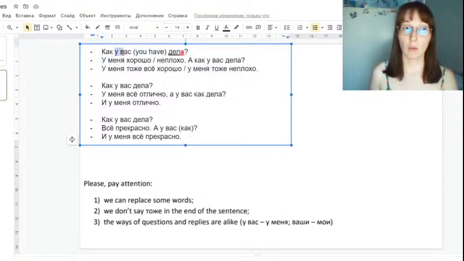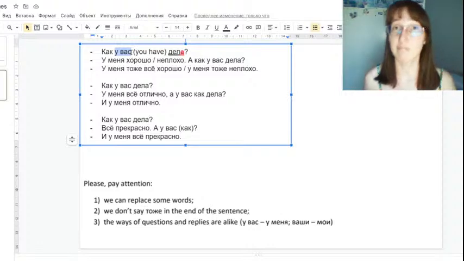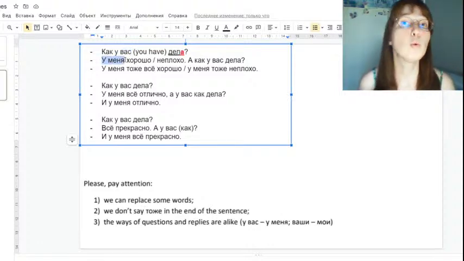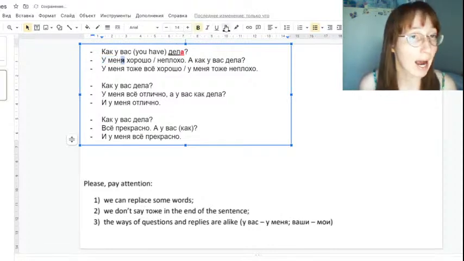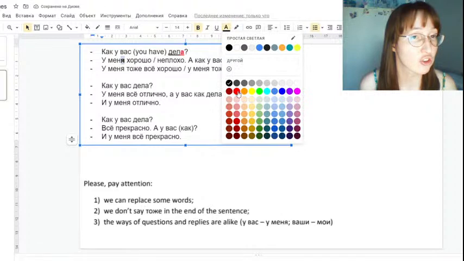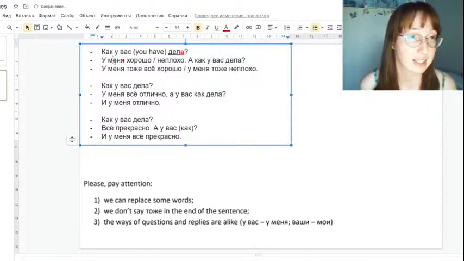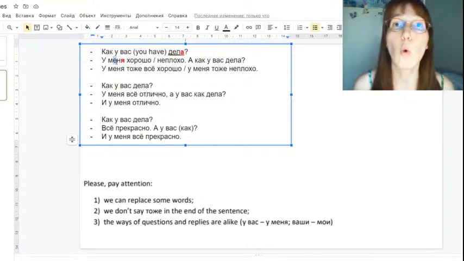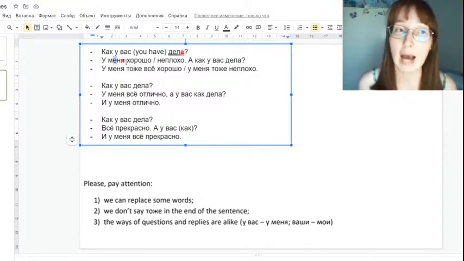Since the question was у вас, the answer is у меня. У меня. Я is stressed. Unstressed я represents E sound. У меня. You can say хорошо. У меня хорошо. Or у меня отлично.